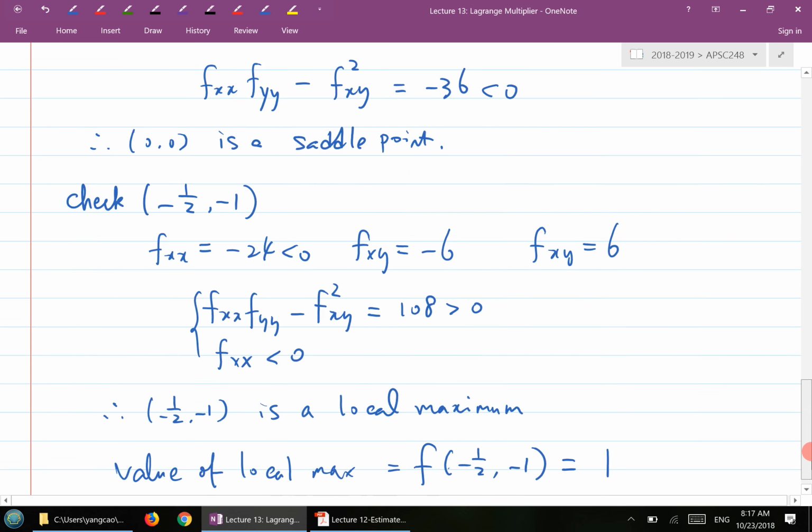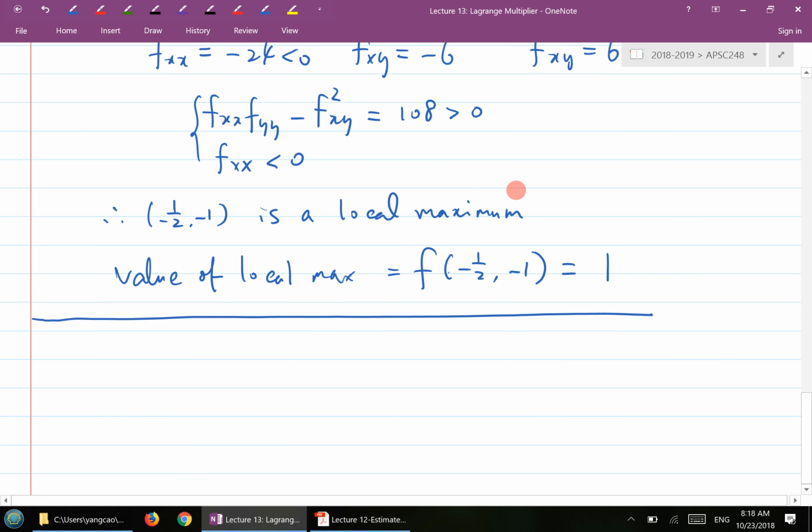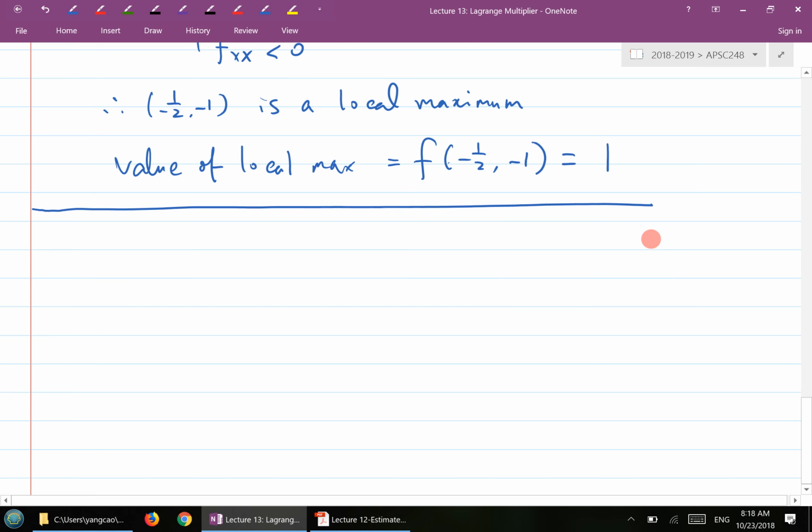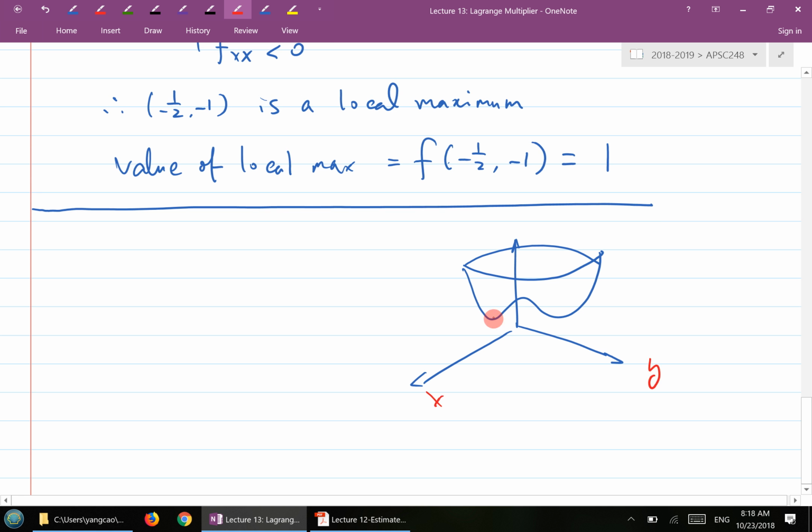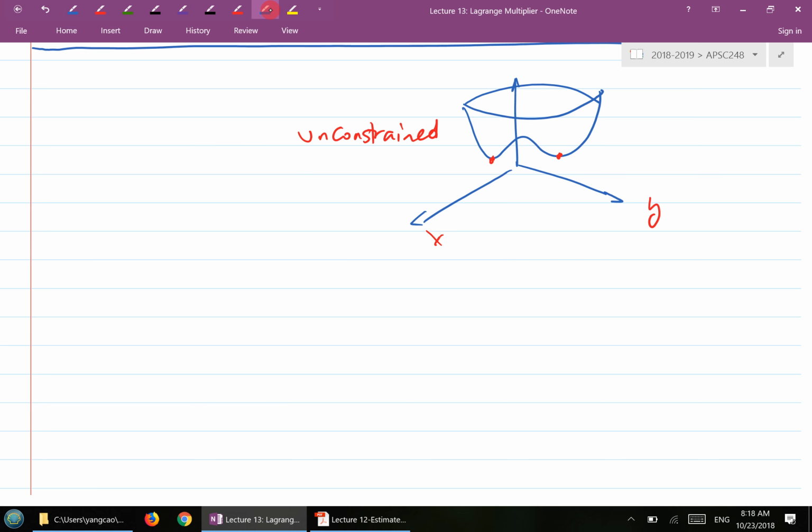And this time we're going to have a different type of issue here. Maybe let me just quickly illustrate. So, for example, if I have a surface like this, unconstrained basically means I can pick anywhere in the xy plane, and I will get the local minimum here and the local maximum here. So that's unconstrained. However, there is another category of problem, which is this.